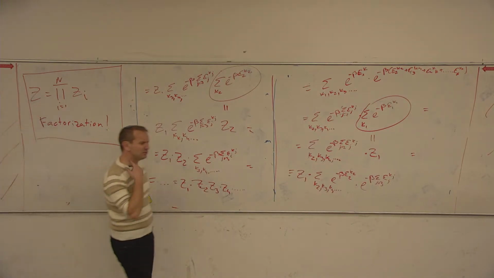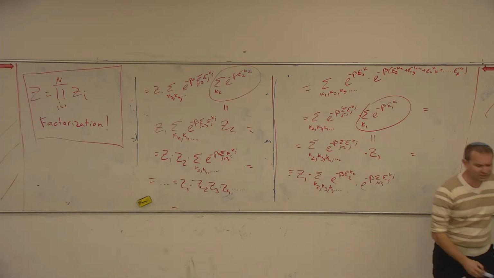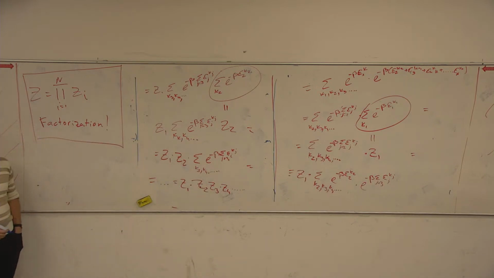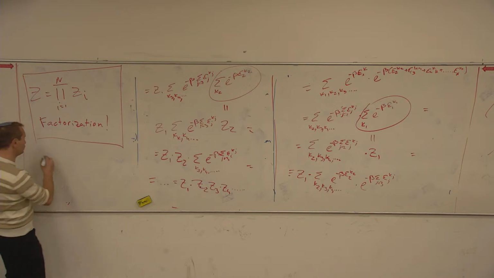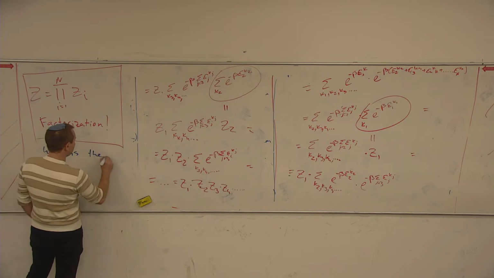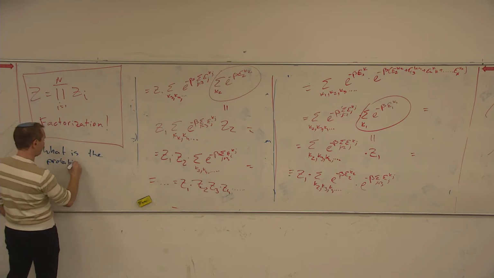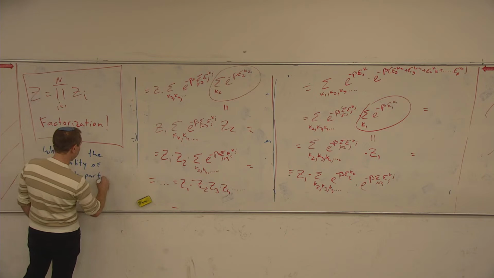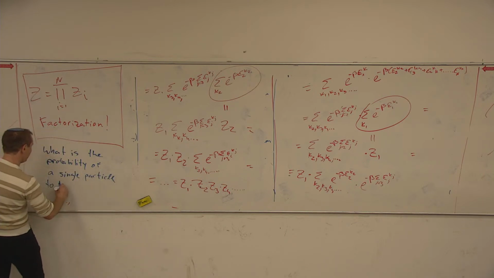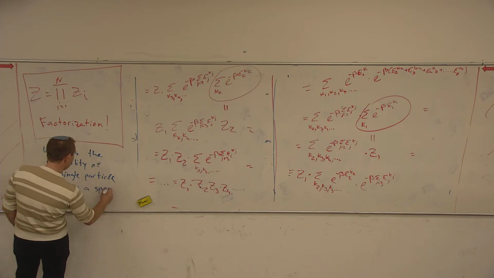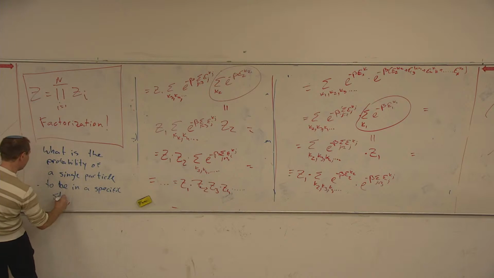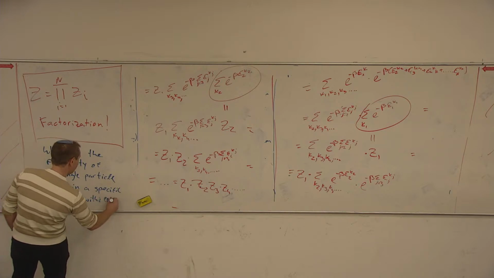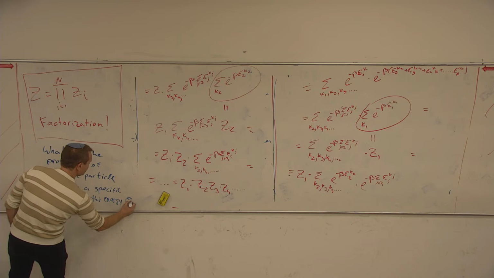By the way, if I have a partition function for a single particle, what is the probability of a single particle to be in a specific state J with energy epsilon J?